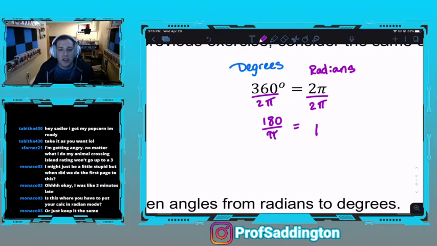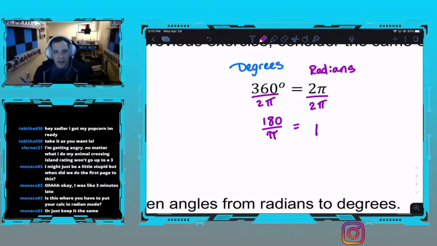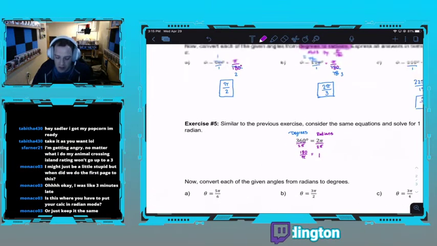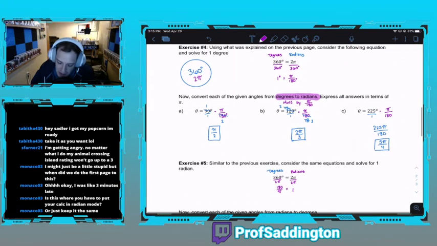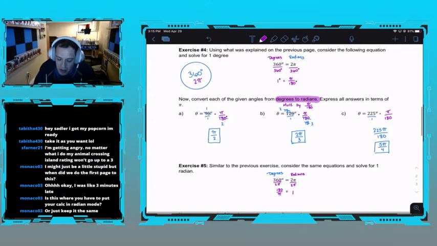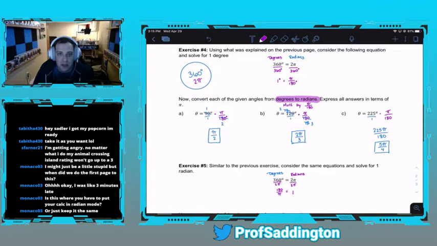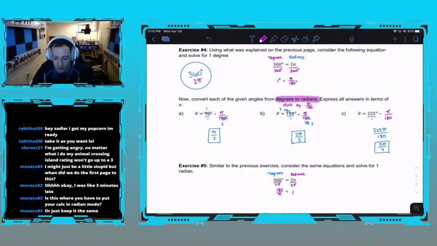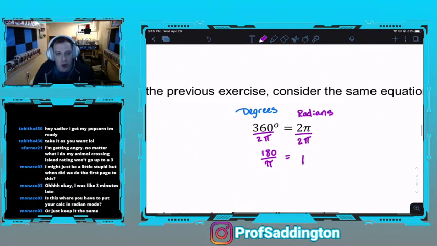So you guys should notice one little thing happened when we worked backwards. Up here, when we started with degrees and went to radians, the conversion was pi over 180. But if you go backwards, the fraction flipped over and became 180 over pi.